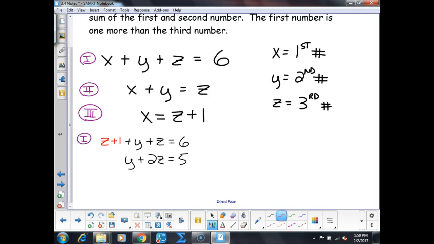Then I put it in equation number 2. So that becomes then Z plus 1 plus Y equals Z. That gives me Y equals -1.